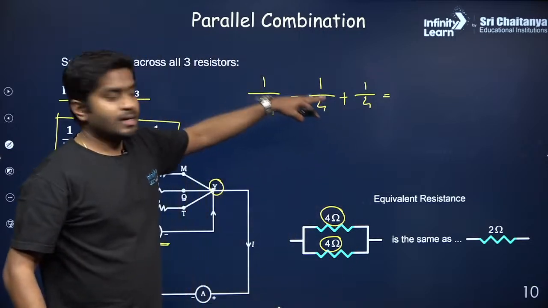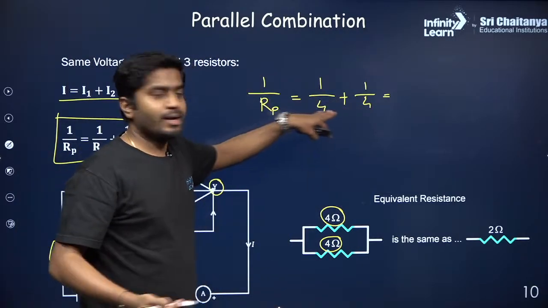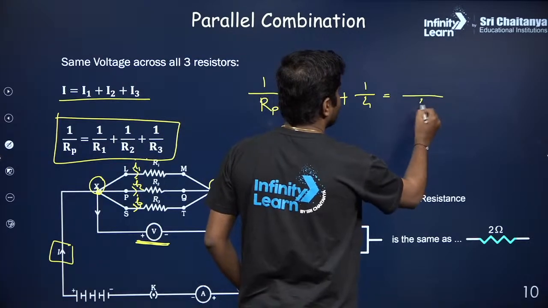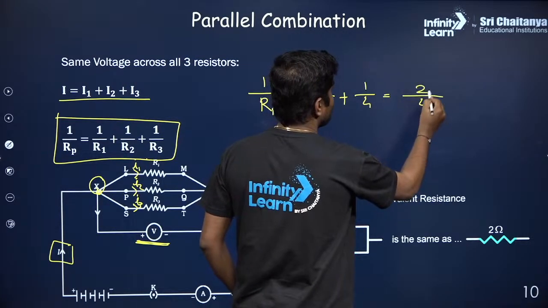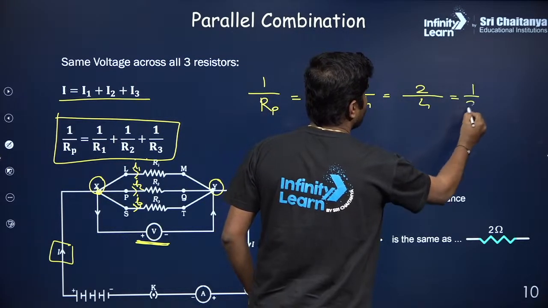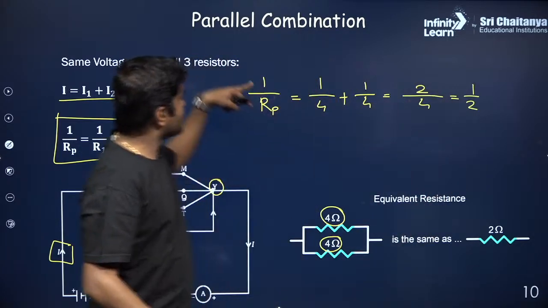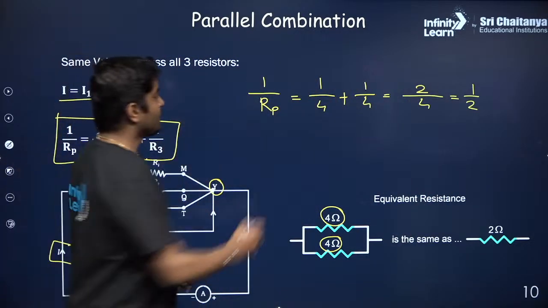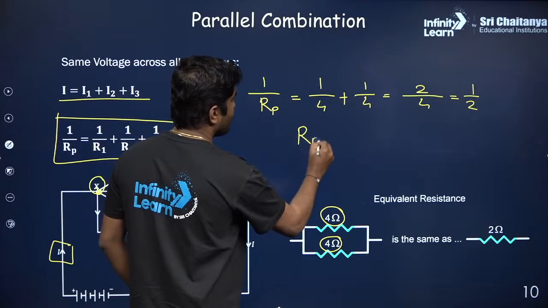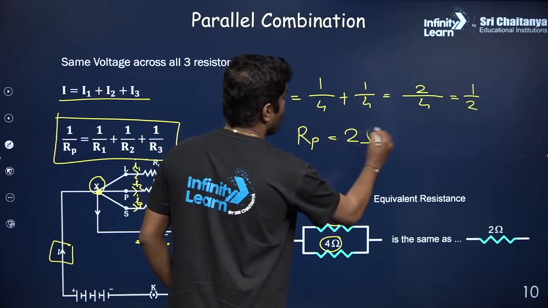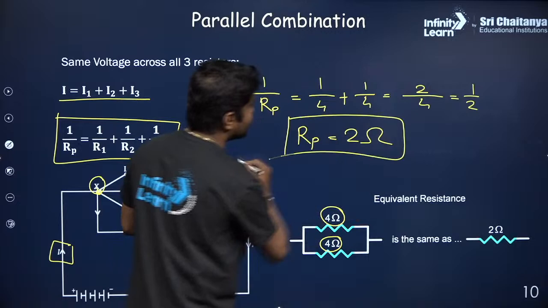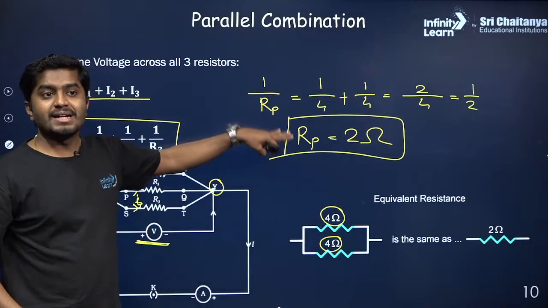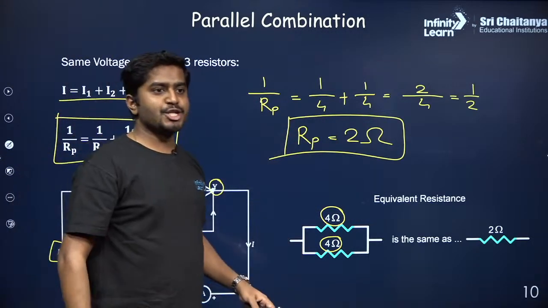The denominator is the same, 4. LCM would be 4. So it is 1 plus 1, which is 2 by 4, which is 1 by 2. But what is this 1 by 2? It is 1 by Rp, correct? So here Rp would be 2 ohms. This is the equivalent resistance for the parallel combination, correct?